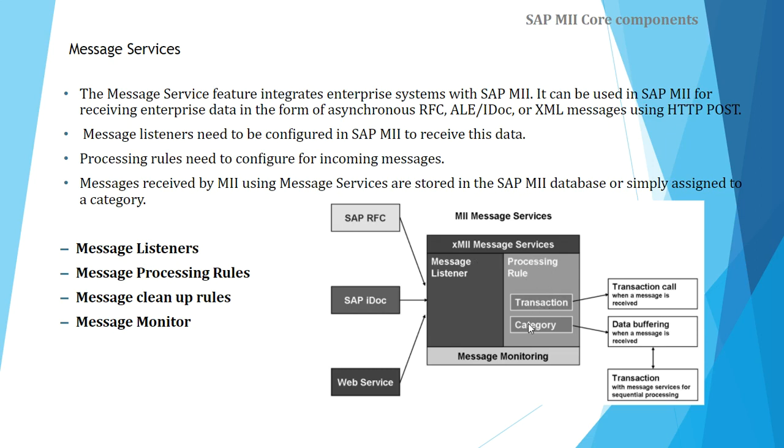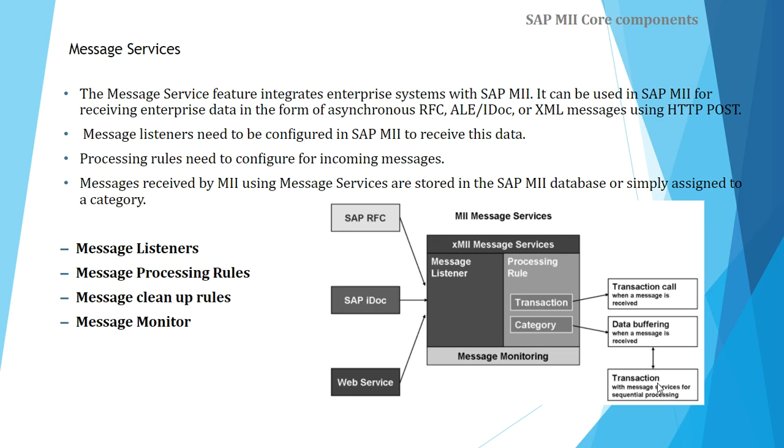If you create your processing rule and select a category, then whatever messages come from the system to the message listener will be categorized. Categorizing the messages is nothing but storing those messages in a database. It will store the message in a database queue, and that is known as data buffering.